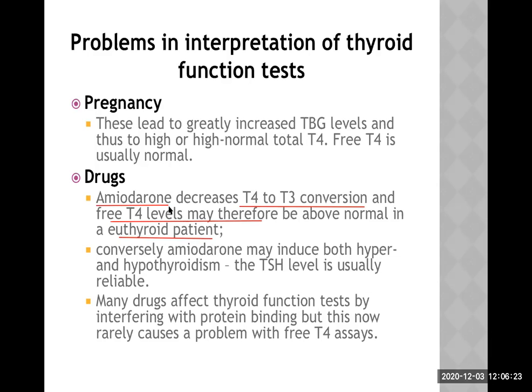Now, which type of drug is amiodarone? Where do we use this drug? Anti-arrhythmic. Very good. It is an anti-arrhythmic drug. It is known as a class 3 anti-arrhythmic drug, and this is an iodine containing drug. Now remember, thyroid gland takes up iodine very actively.